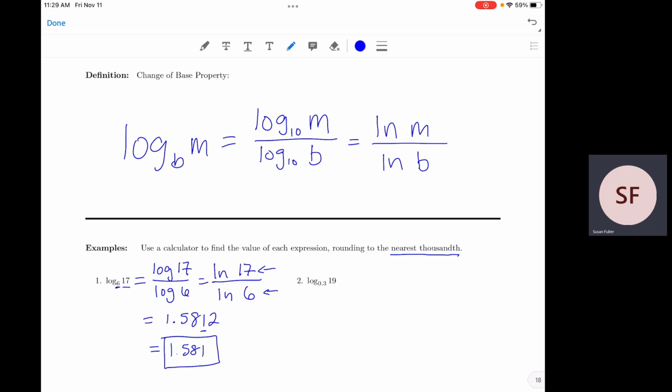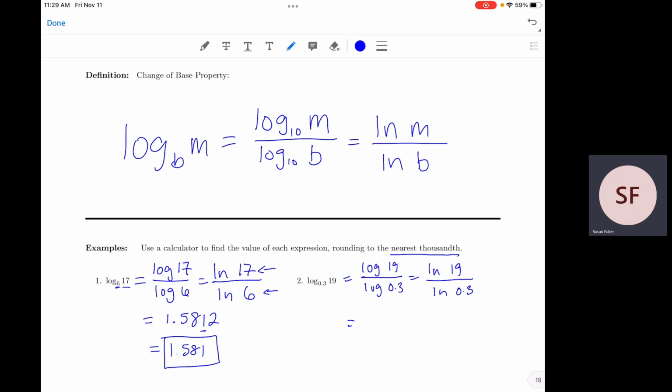So that's the change of base. And you can do this with any base. So number 2 here, to put this in a calculator, you can either do log base 10 of 19 over log base 10 of 0.3, or you can do ln of 19 over the ln of 0.3. The thing inside the log goes on top, base goes on the bottom.